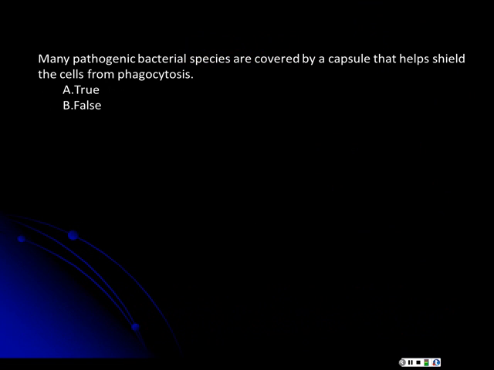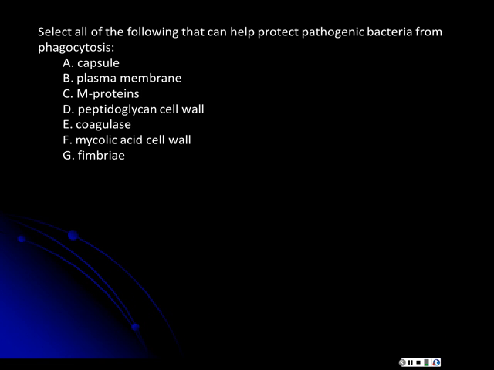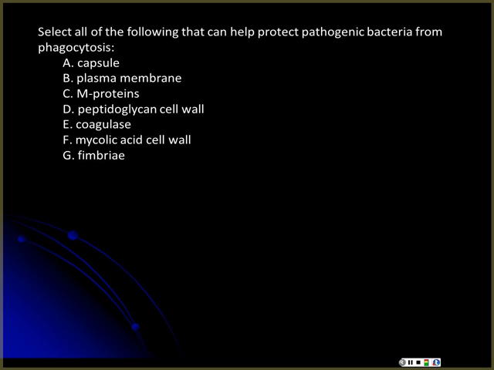Many pathogenic bacterial species are covered by a capsule that helps shield the cells from phagocytosis. Yeah, that's true. Select each of the following that can help protect pathogenic bacteria from phagocytosis. Yeah, definitely A. M proteins are a shield against phagocytosis. D, no, actually, because all bacteria have cell walls, and cell walls are one of the things your phagocytes can latch onto.